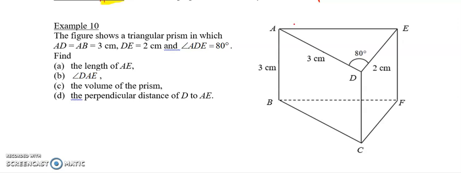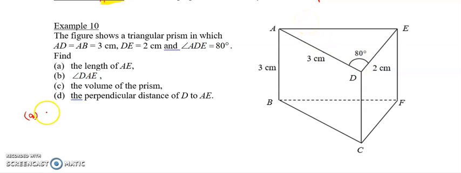So the next thing we consider is, can we use the sine rule? To use the sine rule, we need to look at this triangle. Do we have one pair of opposite angle and side value? The answer is no. We are supposed to find AE, with 80 degrees here, but we know this is 3, we do not know the angle. We know this is 2, we do not know the angle opposite this side DE, which is 2 cm.